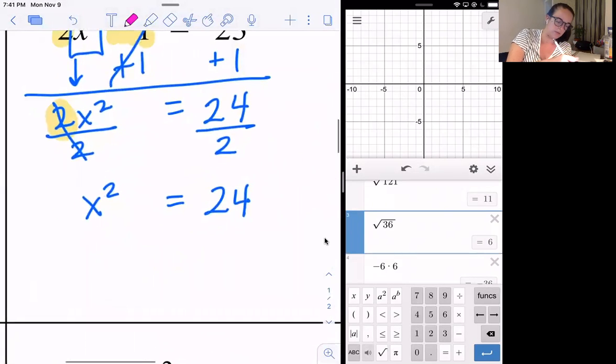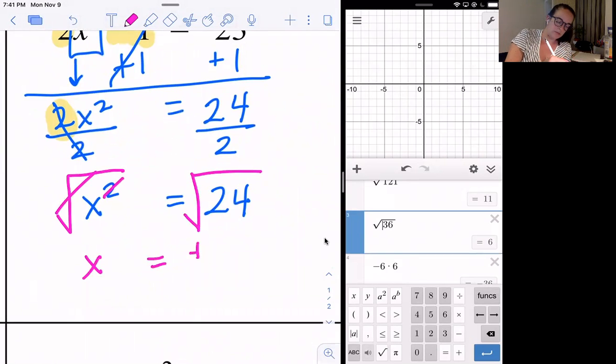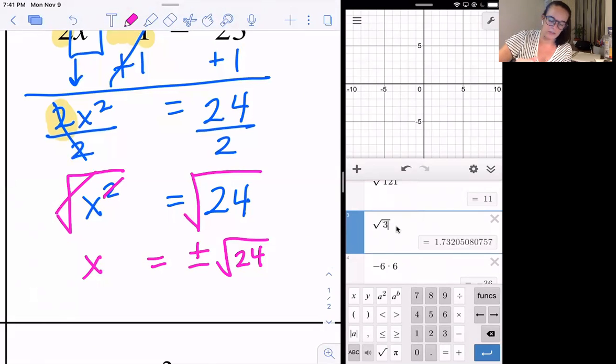I'm going to take the square root of both sides. It's going to leave me with x equals positive or negative. I'm going to write square root of 24 for now. There's no individual number. If I go back to my calculator here, there's no number that goes evenly into 24, right?